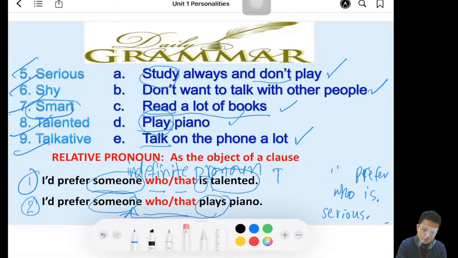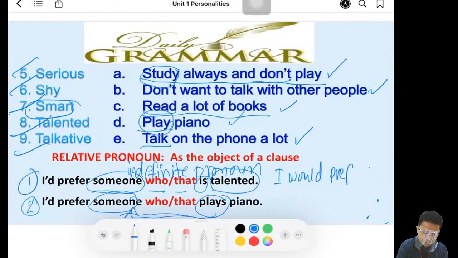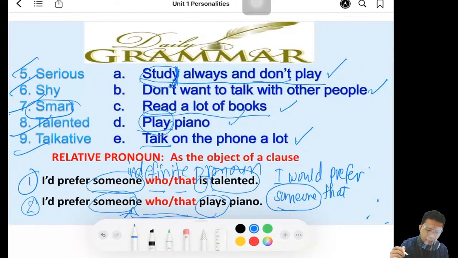You can also say, I would prefer or I'd prefer someone who is serious. Or you can also say, I wouldn't prefer someone who is serious. This time, let's try to use another one. The meaning of serious, which is study always and don't play. Let's try to use it in a sentence. So you can say, I would prefer, this one is positive, someone that, now this time take note, someone is always followed by a singular verb. So the word study here will become studies. So we're going to drop Y, change it into I and add ES.